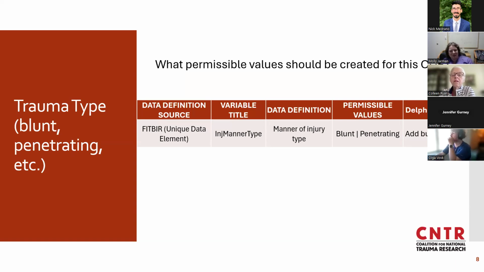I think having it as separate indicators is more useful. Realistically, I've done a rough cut where we lump people into blunt or penetrating, and we just use the ICD codes to do that. Roughly speaking, it's a helpful way of sorting people. But it has that limitation: if somebody were entering data and you have a patient that has both, how do you answer the question?